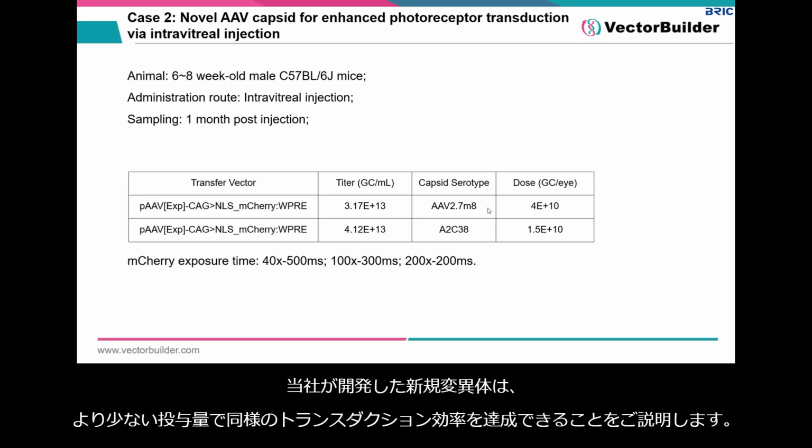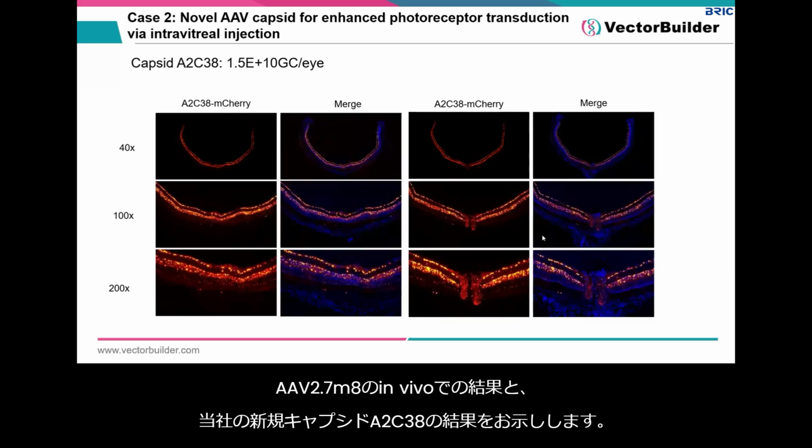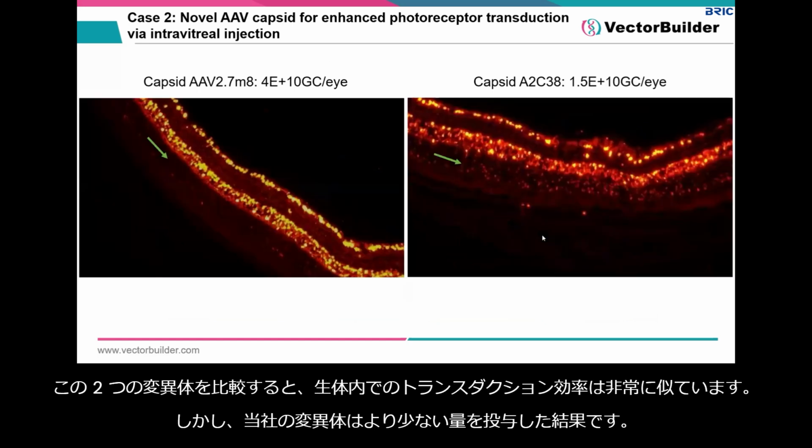Here I'm also showing you that at a much lower dose for our mutants, we can achieve a similar transduction efficiency. So this is the AAV2.7M8 result in vivo, and this is the A2C38 result. When we compare these two mutants, we see very similar transduction efficiency in vivo. But for our mutant, we injected a much lower dose.